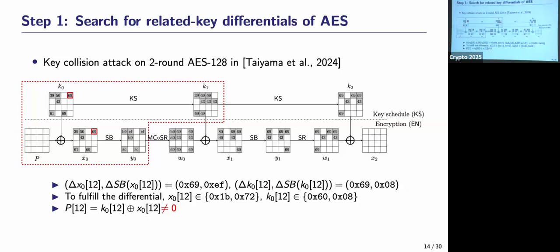To fulfill the differential, we can deduce the values of x0,12 and k0,12, none of which leads to p12 equal to 0.